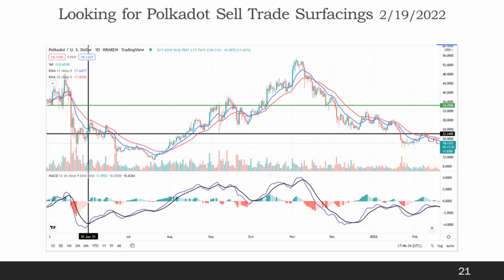See the green horizontal line. September 5th, Polkadot traded in a low to high range that included $34.47. Question: should the position be closed with a limit order at $34.47 or let this winner ride to a peak of its MACD curve?